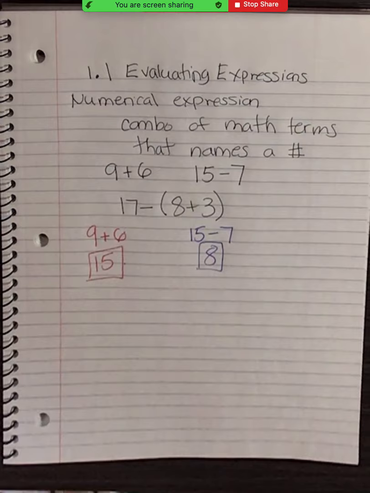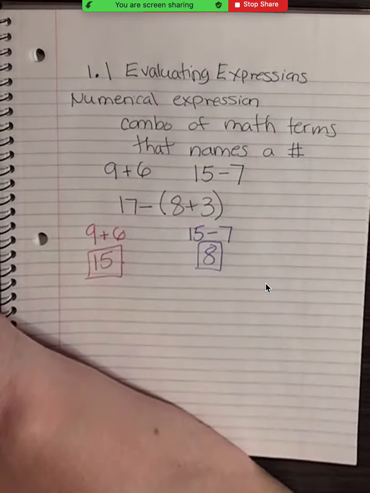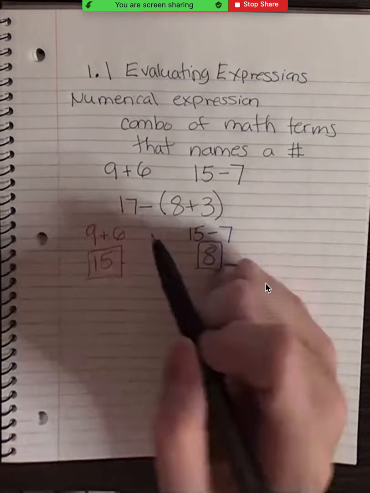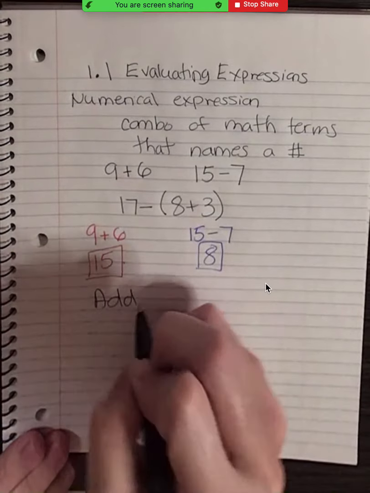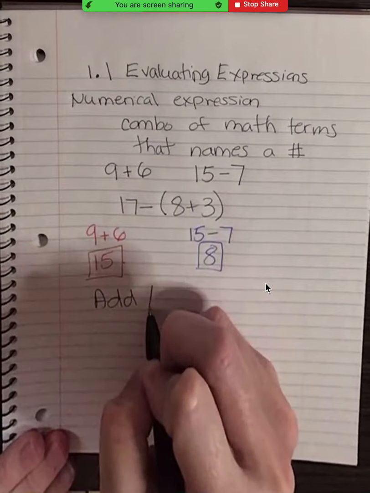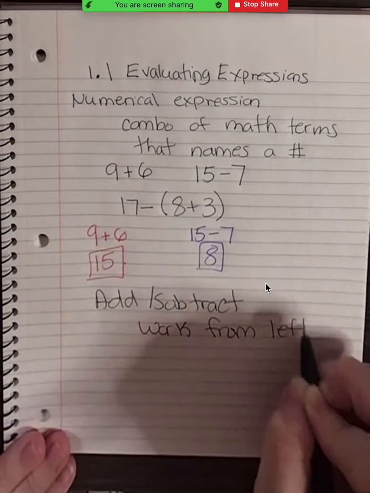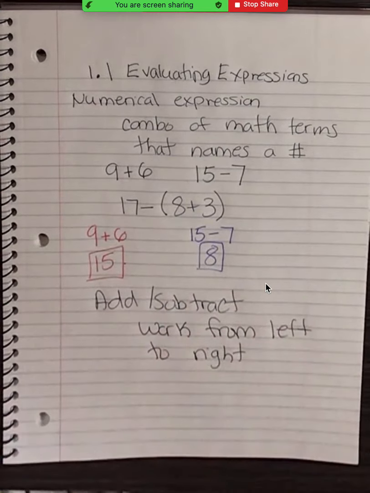So when you only have addition and subtraction, you work from left to right. Okay, it's the only operations you have. When we add in other operations, that'll change a little bit.